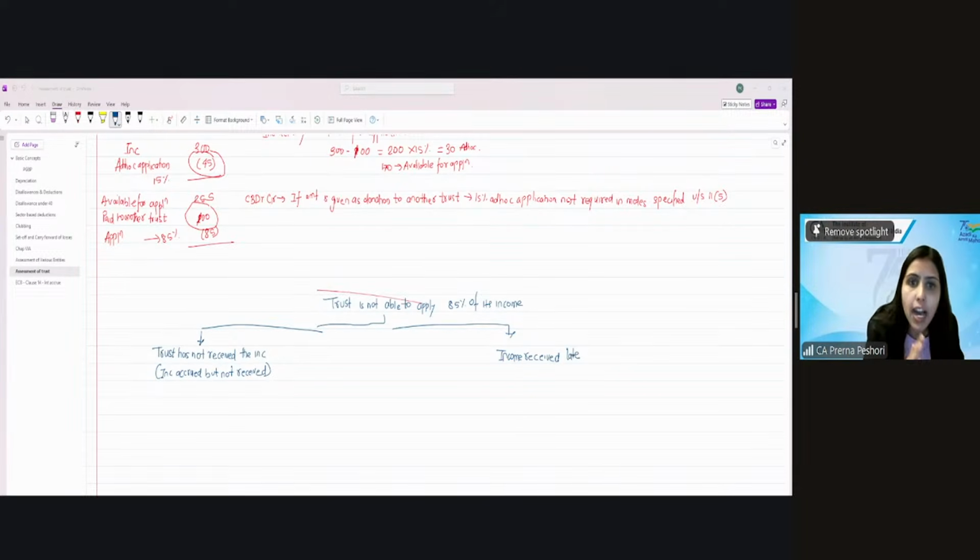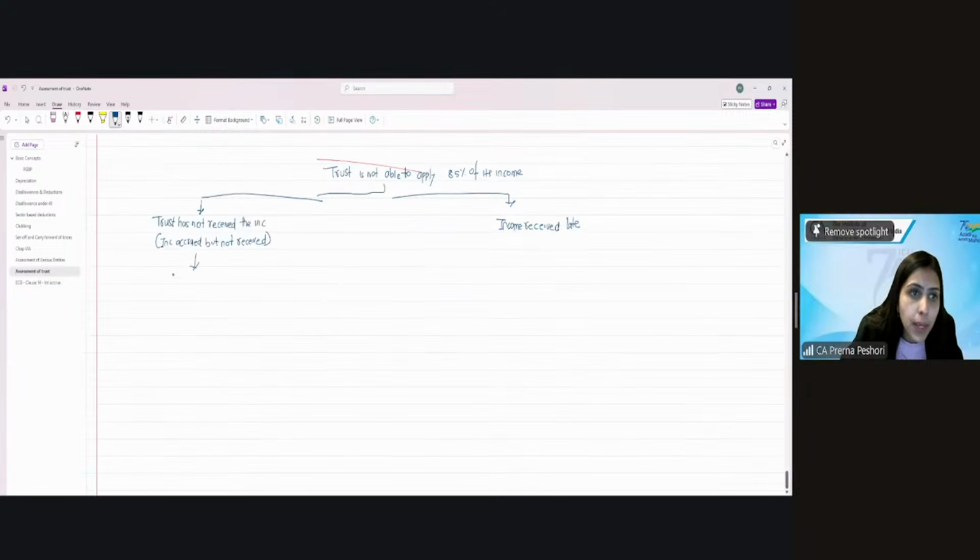So in the first case, I have either not received the income or I have received it very late, because of which I was not able to apply it. In the first situation where the income has not been received, there is an option that this will be considered as the deemed application. We will consider that this income is applied.